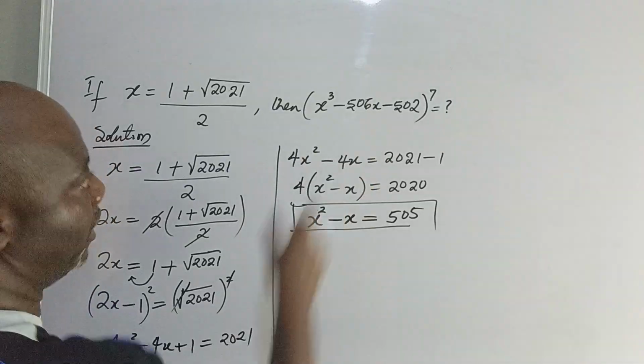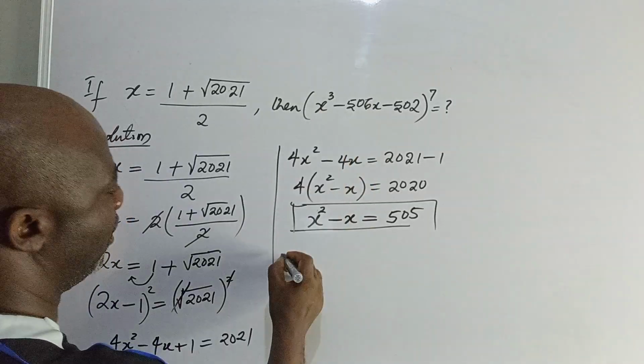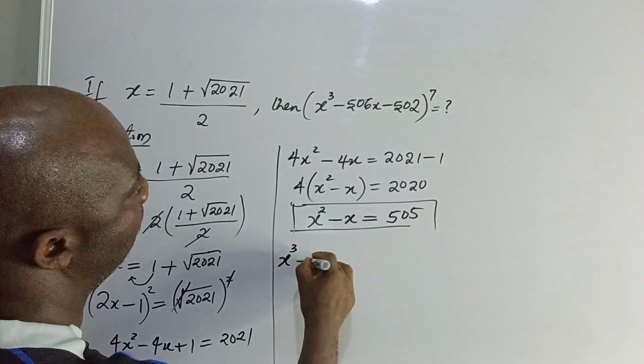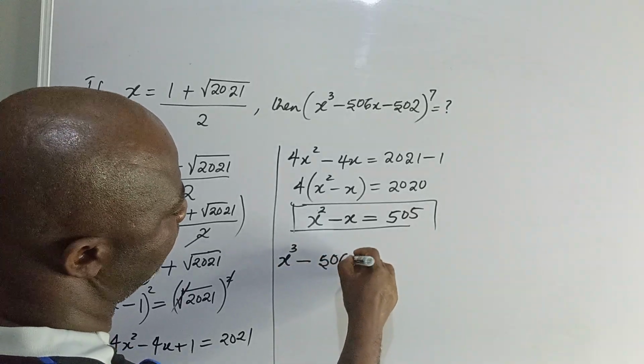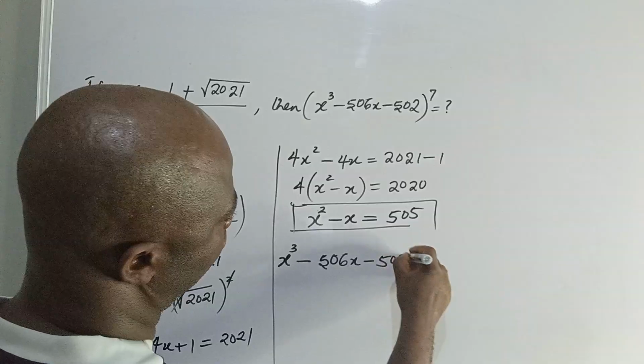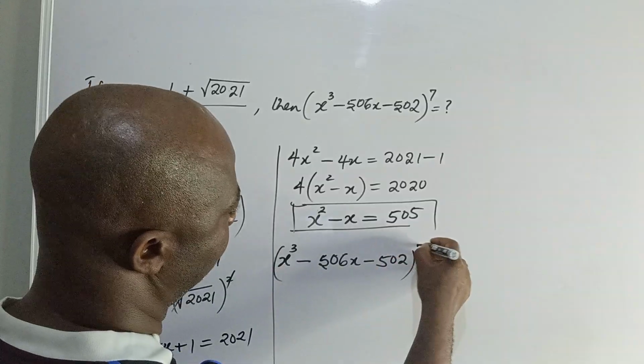So let's pick up on this. We have (x cubed minus 506x minus 502) all to the power of 7.